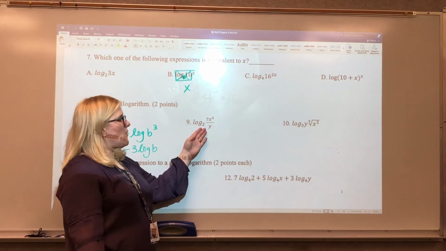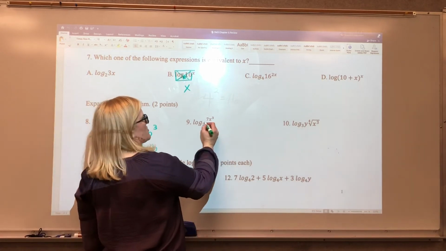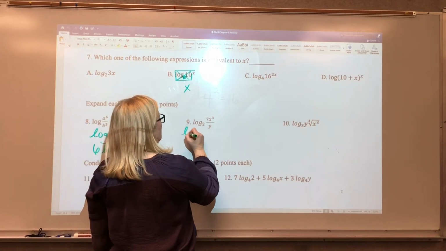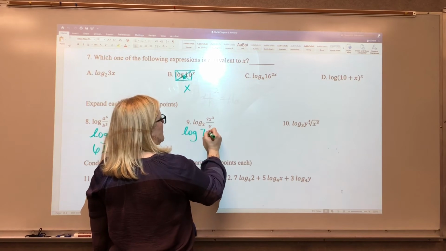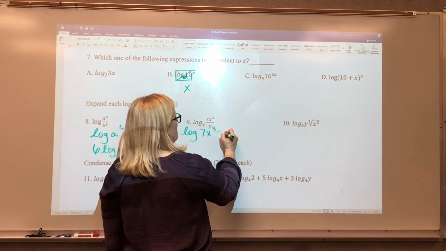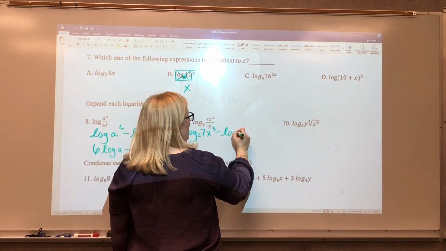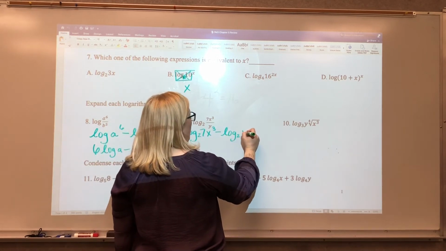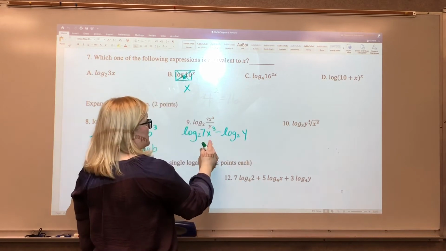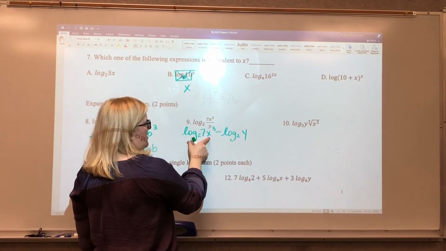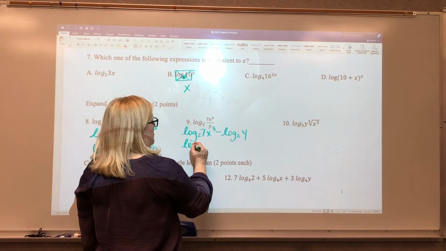All right, this one, again, I'm going to subtract here. So I've got log of 7x to the 3rd minus log base 2 of y, okay, so I subtracted. So this one's done, but this one has multiplication, so that means I'm going to add.